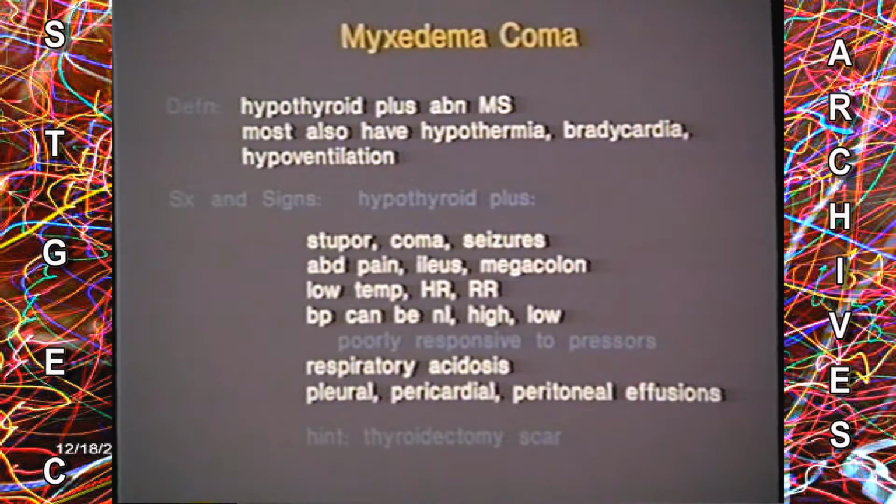So there are some patients that actually come in with myxedema coma. This is not common, but this is the extreme case where you have low thyroid with mental status change. So oftentimes these patients end up in the intensive care. They may have mental status change, they have hypothermia, and they may have coma, seizures, and this may be a subtle finding.